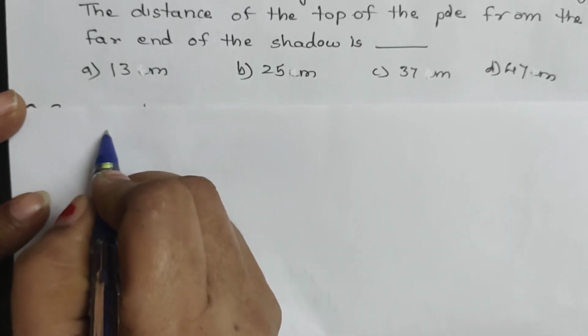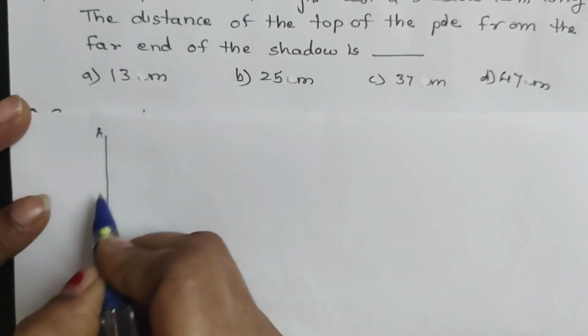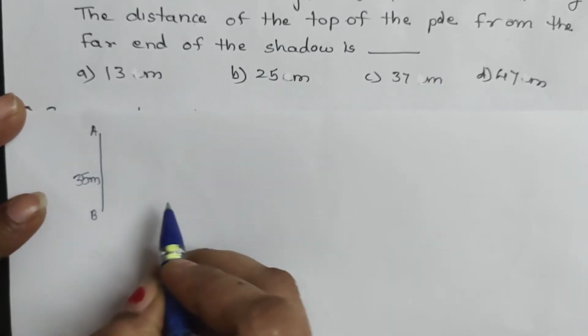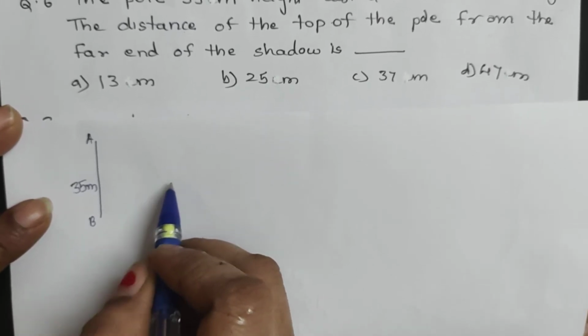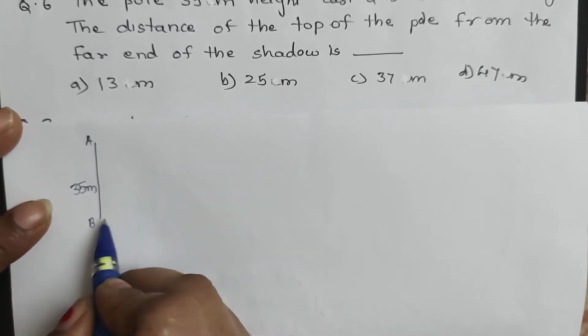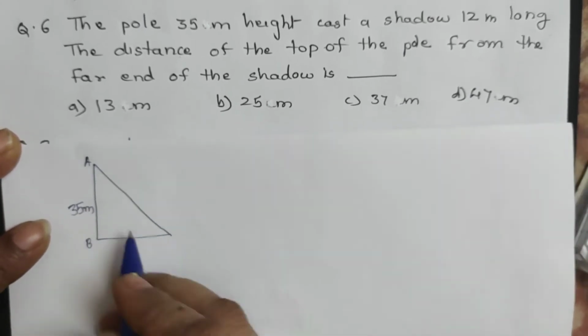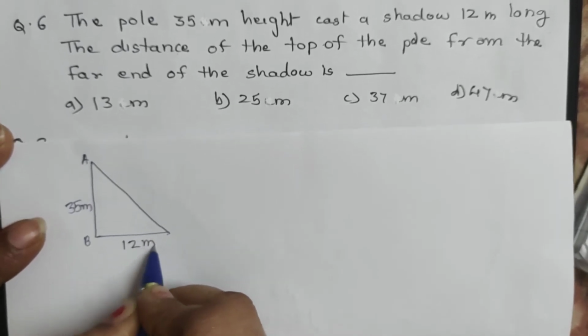So it is given that the height of the pole, let us say AB, is 35 meters and the distance of the top of the pole from the far end of the shadow, that is this is shadow, this is top end. So this distance is 12 meter.